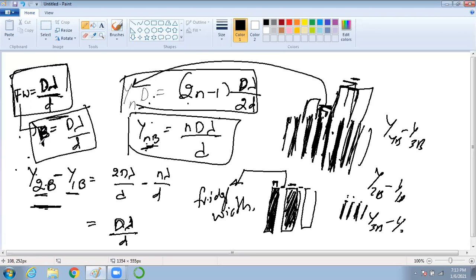Sir, capital D denotes slit width, right? No, no, no. Capital D denotes the distance from the slit to the screen. Remember this one. This is a screen. The distance between the slit and the screen is D. This small d is the distance between the two slits. Capital D is the distance of the screen from the slit.